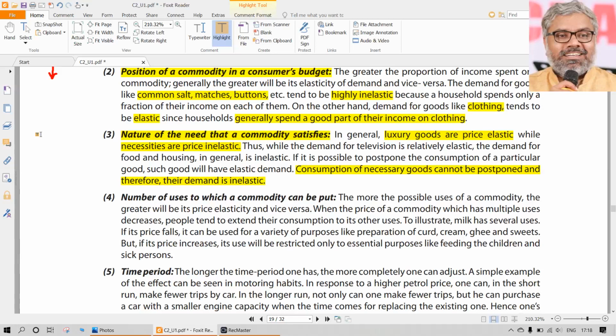There is nothing called completely elastic. That is just impossible. But somewhere it will be more elastic, less elastic, highly elastic, very less elastic. These things could be there. But somewhere between 0 to 1 or more than 1 it will be. Completely 0 is not possible for practical purposes.